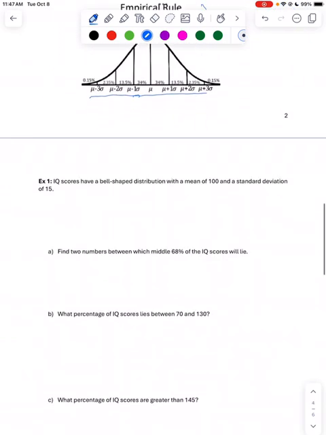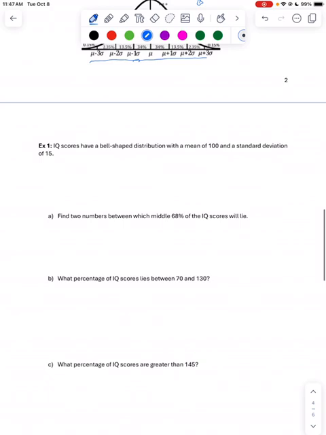Let's look at this example. This is saying IQ scores have a bell-shaped distribution. So whenever your question tells you that it has a normal distribution or bell-shaped distribution, then you can do what we are going to do right now. We have that our mu is 100 and our sigma is 15.